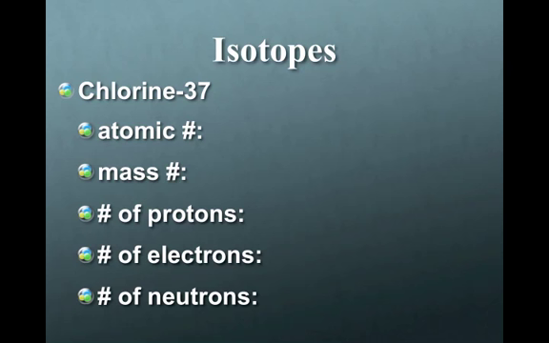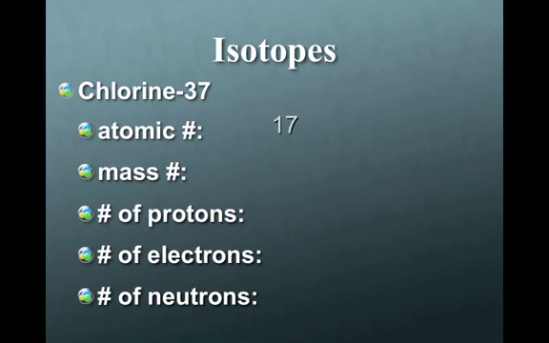Now, we can determine several things from either hyphen notation or the nuclear symbol of these nuclides. For example, chlorine-37. We can determine the atomic number, the mass number, the number of protons, and the number of neutrons and electrons from this hyphen notation. If we go to our periodic table, chlorine has an atomic number of 17.